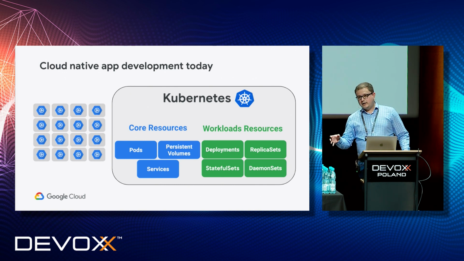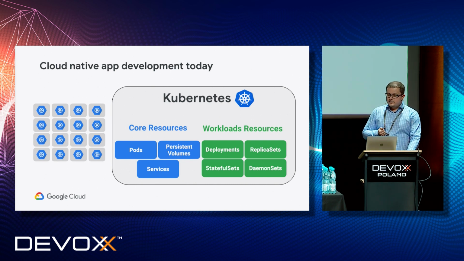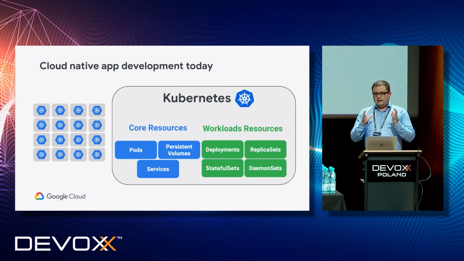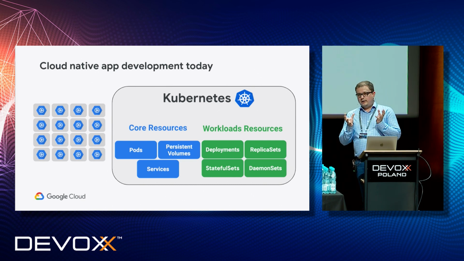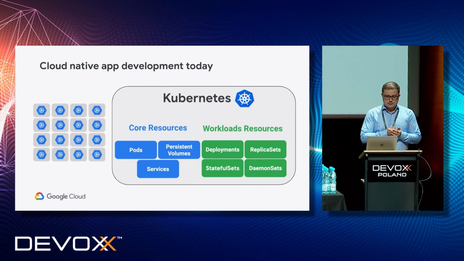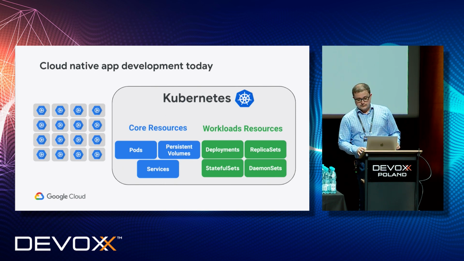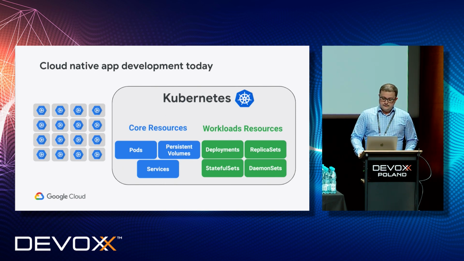We started grouping them, and we moved to defining core resources of Kubernetes, like pods, like persistent volumes, like services, and we also continued to build around them. So this is how deployments were created at first, replica sets, and further stateful sets for running stateful workloads, and daemon sets for running applications in multiple instances, one in each node.